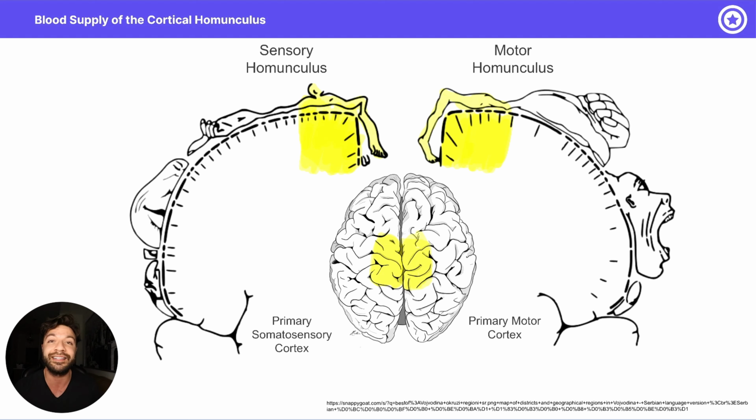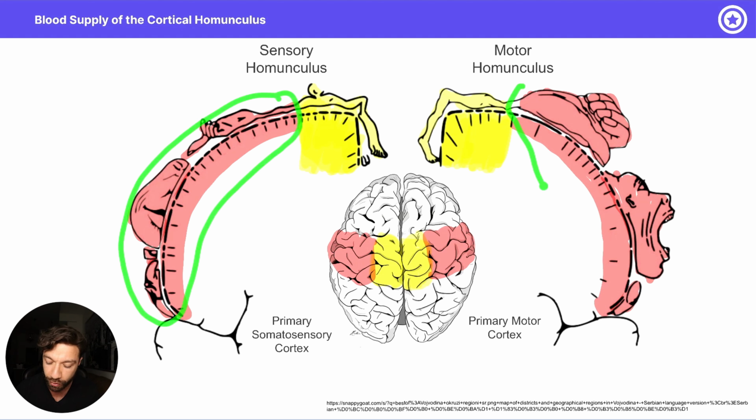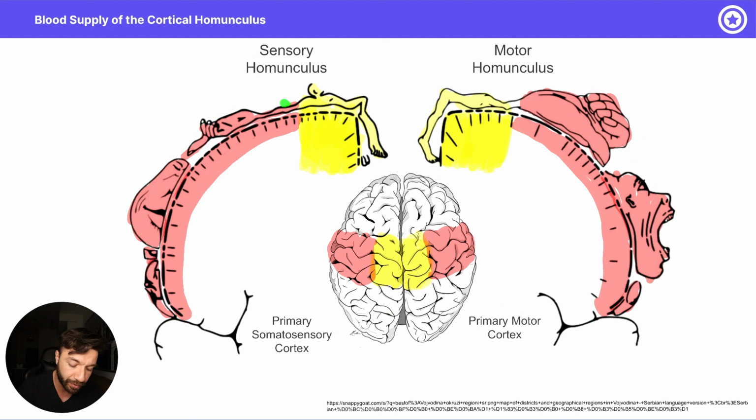And then the middle cerebral artery covers an area that's quite large. It's going to be covering the remainder of those cortical areas, spanning from the upper limb to the face to the muscles which control speech production.